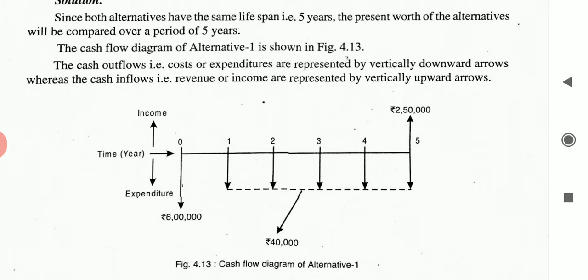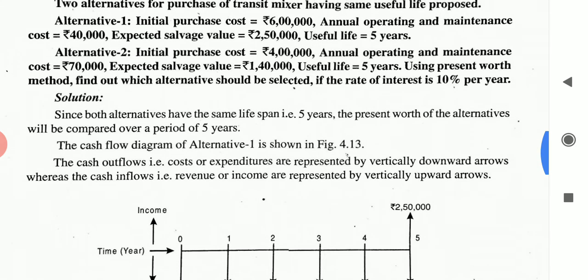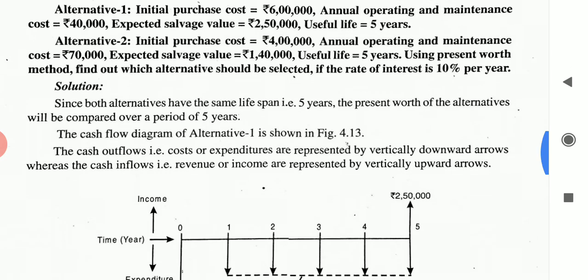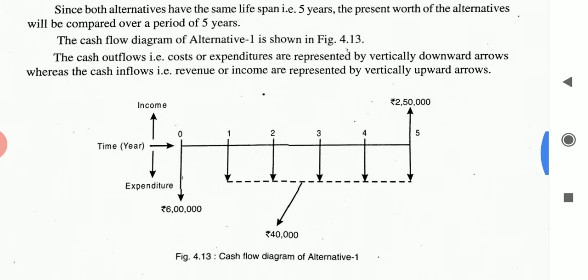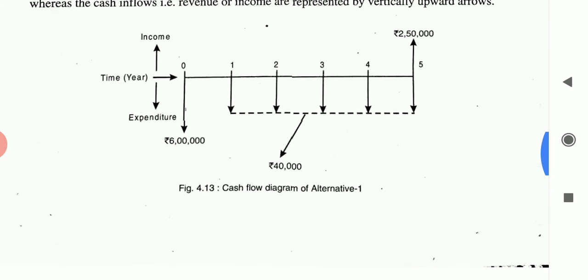The maintenance cost is 40,000, equally maintained from the first year to the fifth year. And the expected salvage amount is 2,50,000, which is an expected future value.